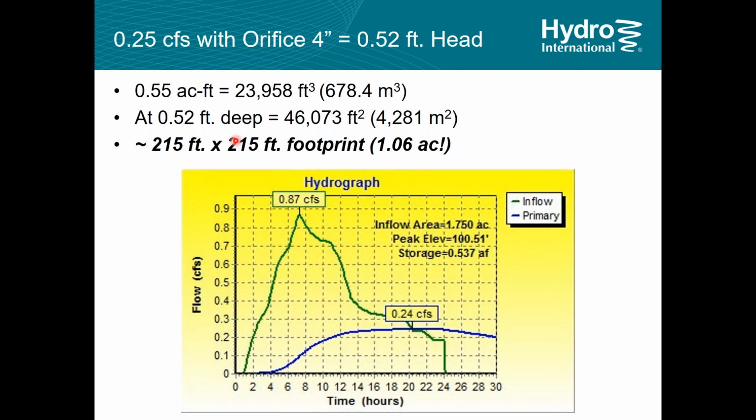So by doing my remodeling, to get approximately 0.25 CFS on 0.55 acre feet of volume, I can only put it under half a foot of head, which leaves me with a 215 foot by 215 foot footprint, or just over 1 acre of footprint with a low head to limit the outflow on a 4-inch orifice.